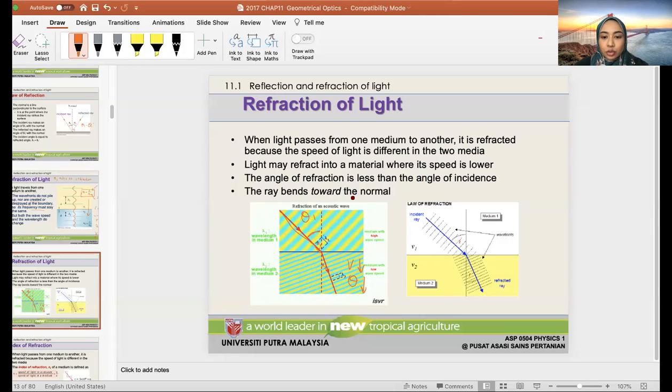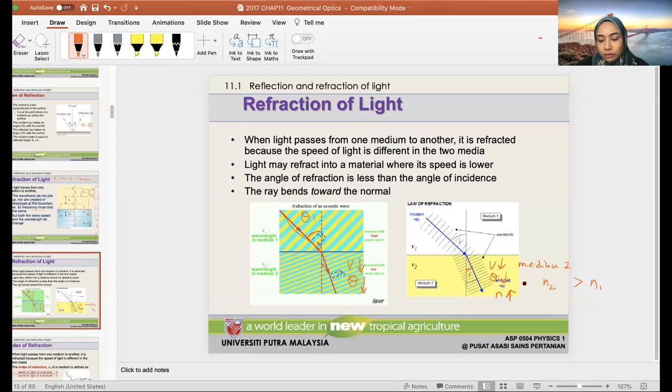The ray bends towards the normal. So here we can say that medium 2 has a greater N than medium 1, because it is bending towards the normal. V goes down, theta goes down, which means that N should be greater.